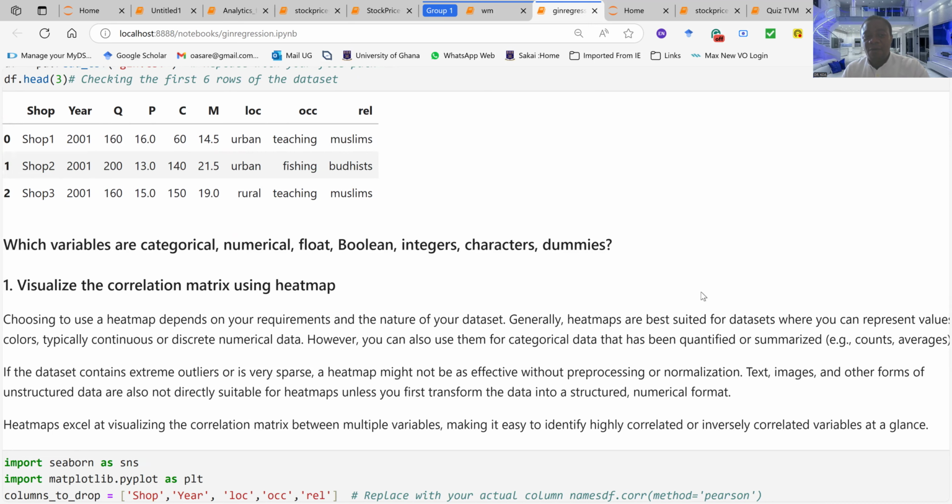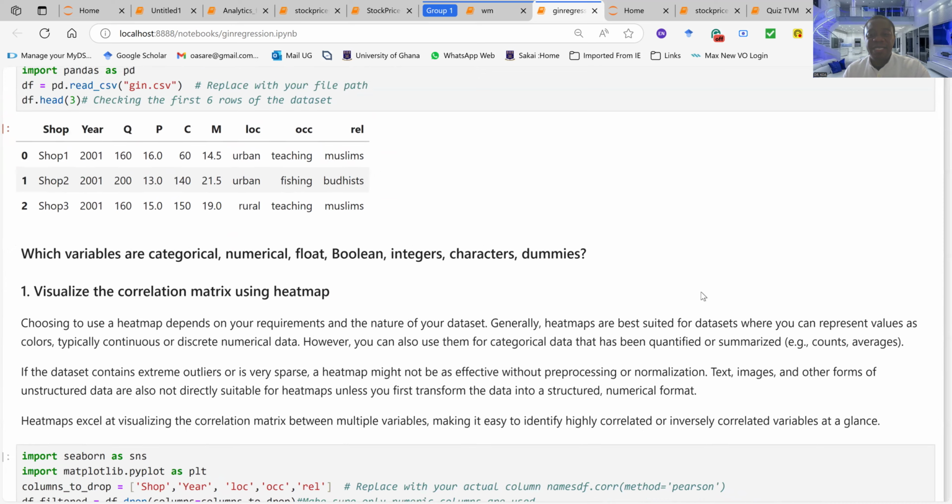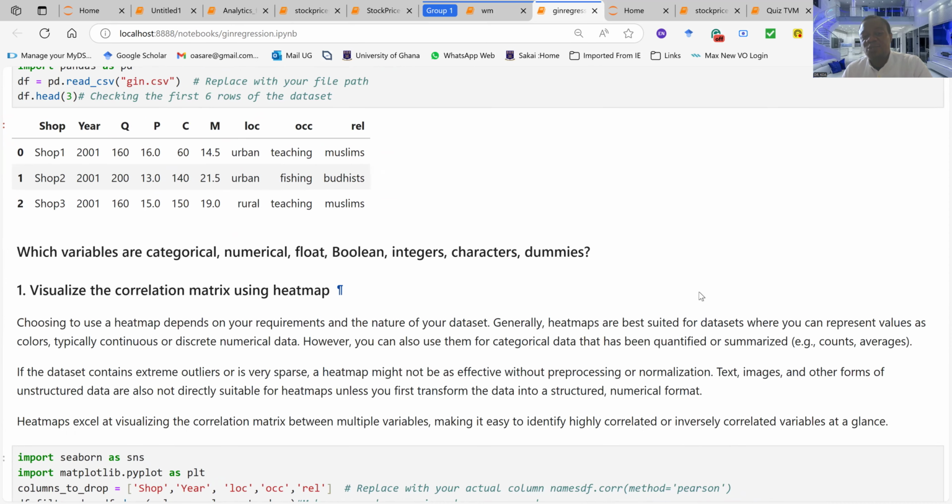Now, for you to be able to generate heat maps, ideally your data must be numeric. It has to be continuous or discrete, numerical, not categorical. In fact, even if you're going to be generating for categorical, don't do it. Sometimes R will allow you to do that, but don't use it. Sometimes you can use them for categorical variables after quantifying or numericalizing them. Sometimes, if you want to show categorical variables, you may rather show the counts, that is how many of the firms are urban and how many of the shops are rural.